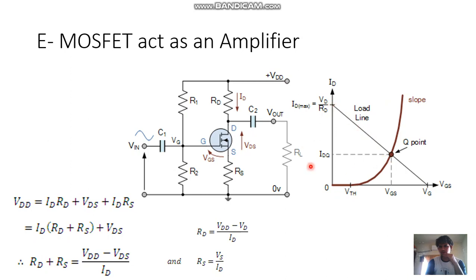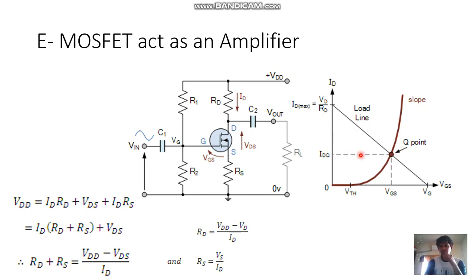VD by RD is ID, so this characteristic is between output voltage and output current, that is between VD and ID. This is the load line. Now the intersection of this is called the Q point.